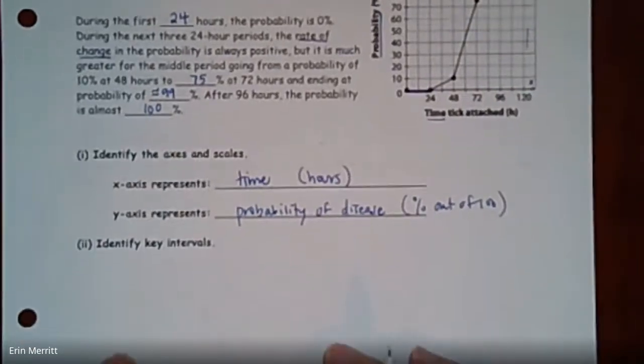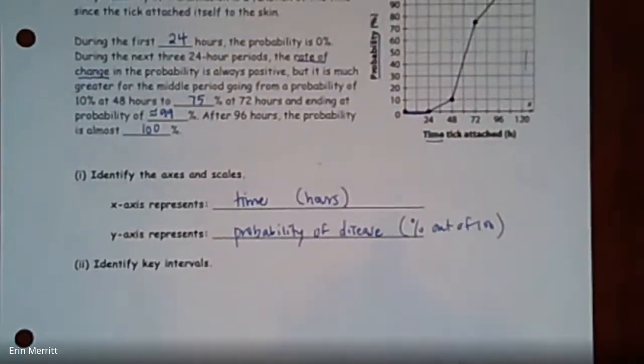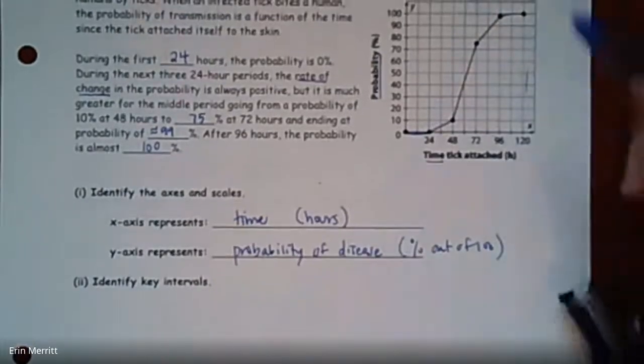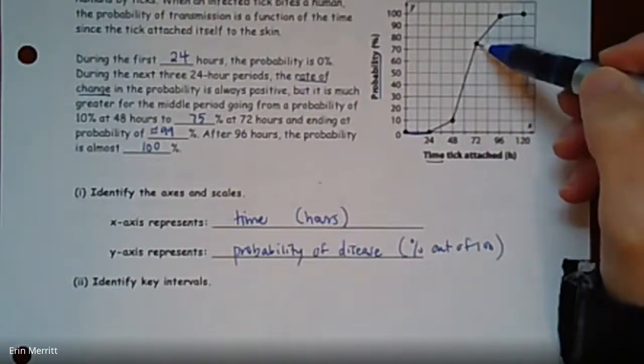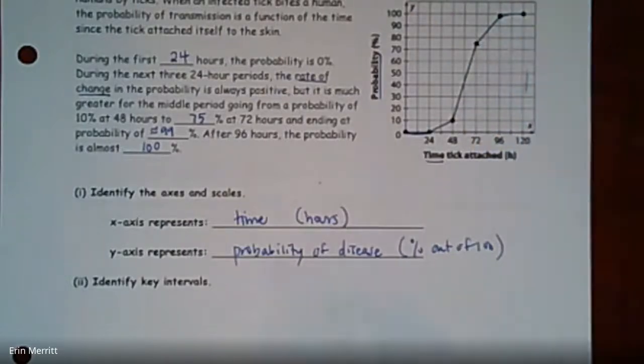So when it says identify key intervals, well, there's no one way to answer this, but for me, the key interval that I would note is that from the 48-hour to 72-hour mark, it's not a guarantee, but that is a huge risk that we're taking.